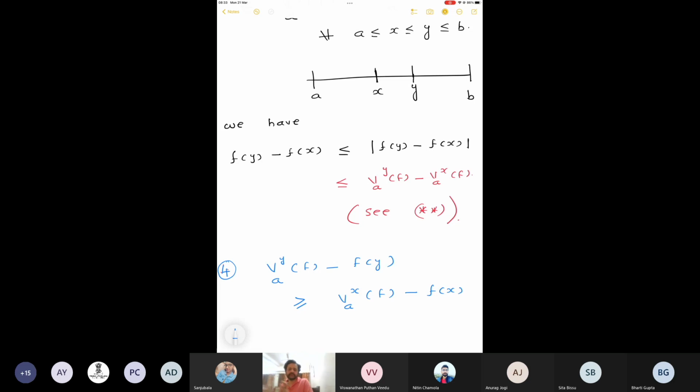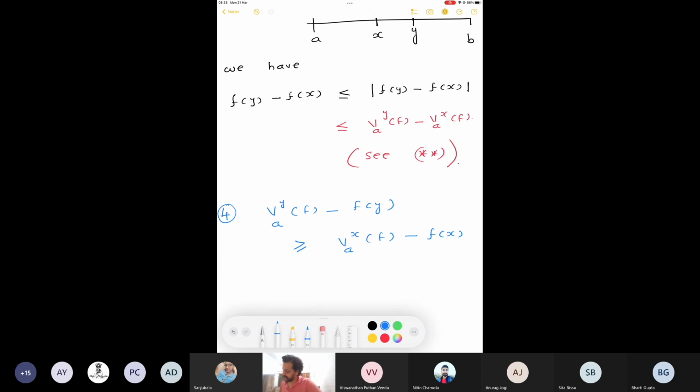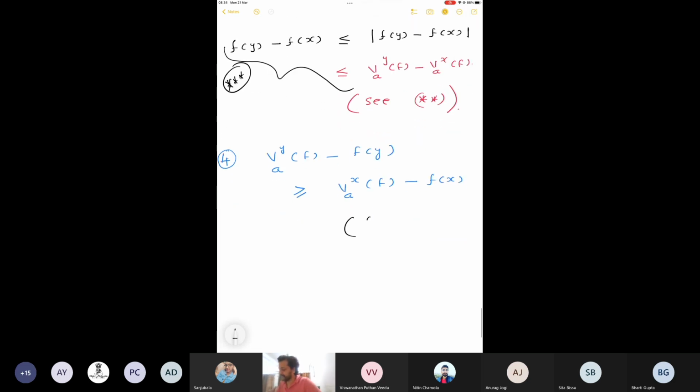Now transpose suitably, you will get this. I will call it star star star, from star star star. Is that okay? Yes or no? Yes, sir.